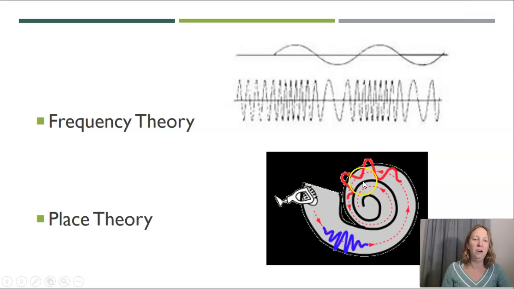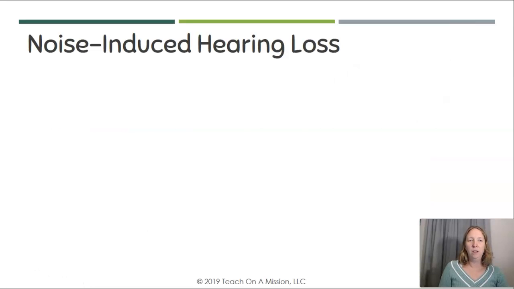If it hits here, it might be more likely to be a low-pitched sound. So a high-frequency wave hits more at the beginning of the cochlea, whereas low-frequency, low-pitched sounds hit deeper into the cochlea. The nice thing about this is that the name actually gives you a pretty good hint about what it means.